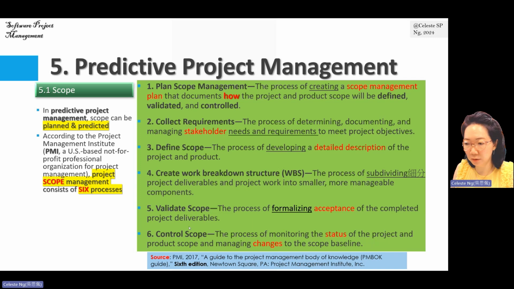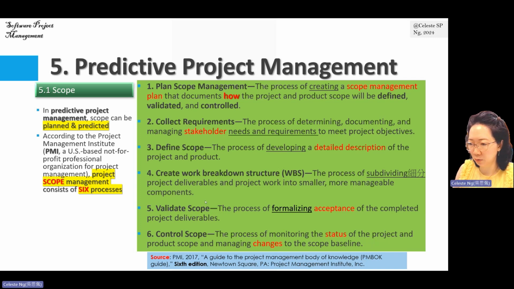And the sixth process here is called control scope. Control scope is meant to ensure that the scope in our project does not creep. We try to ensure that the progress of our project is within the predefined scope. The initial approved project scope, we call the scope baseline.